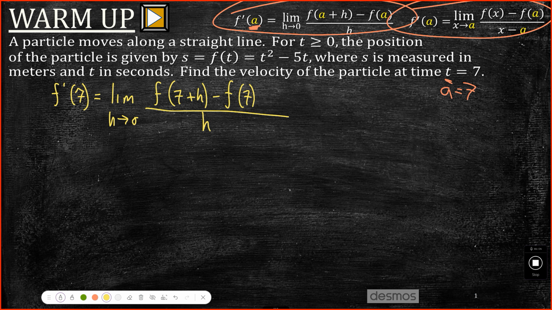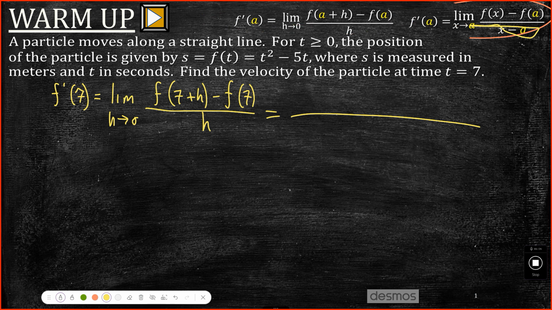Okay, so now what we're going to do is substitute 7 plus h in for t in the function. So we're going to erase all this and go back to the function. We're going to substitute this in for each t. So t is 7 plus h.